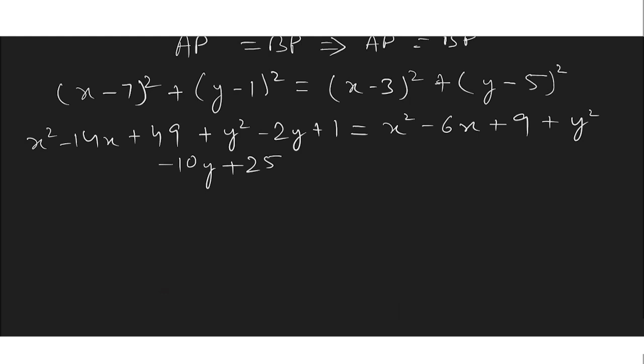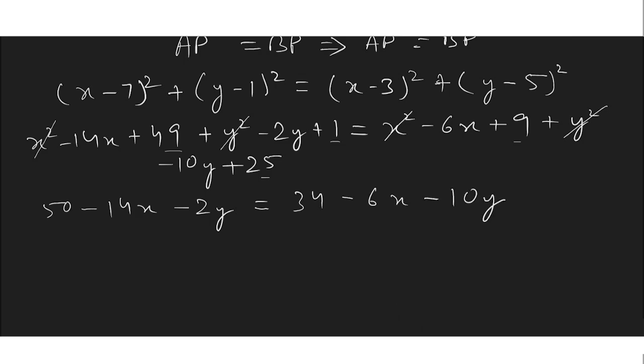We have 49 plus 1, 50. This x square will be cancelled out with this x square. This y square will be cancelled out with this y square. So we will have 50 minus 14x minus 2y is equal to 9 plus 25 will be 34 minus 6x minus 10y.